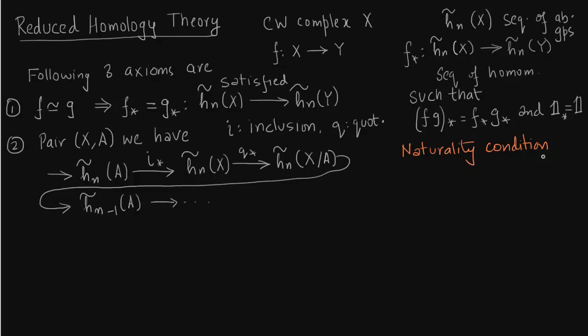So consider this map F. Yeah, this goes from the pair X, A to Y, B. This automatically induces a quotient map, say F bar.